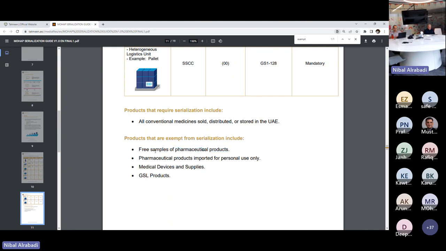Those are exempted. But the free samples that you use to market your products and give free to doctors and clinics are not exempted. If you can prove to the customs authorities, to MOHAB Customs, that these are used for a certain RFQ or for registration purposes for the ministry, then they are exempted. Thanks.